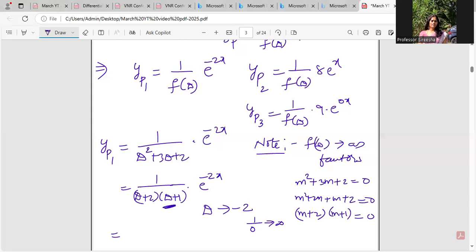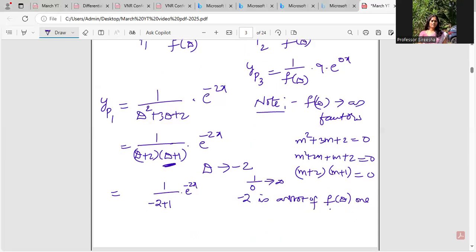So what I do is, I can directly write 1 by minus 2 plus 1 into e power minus 2x. There's no problem. But then minus 2 is a root of f of d with multiplicity 1. So what should I do?